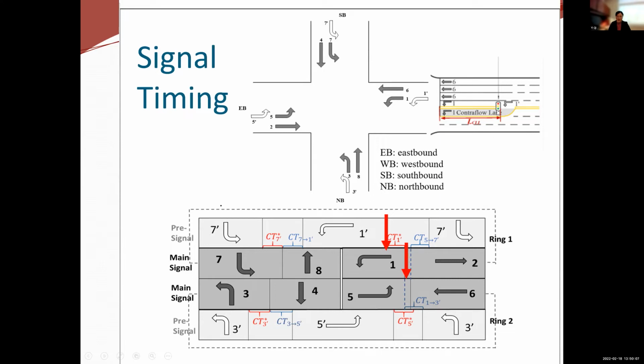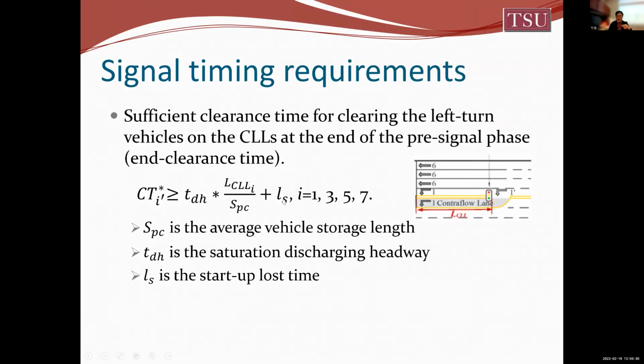We use this time to clear all the vehicles on the control flow left lane. The key thing is you have to make sure we provide enough time to clear all these vehicles, so this is a very important clearance time. We call it the end clearance time because it happens at the end of the pre-signal phase. So here is the way we estimate this pre-signal end clearance time.